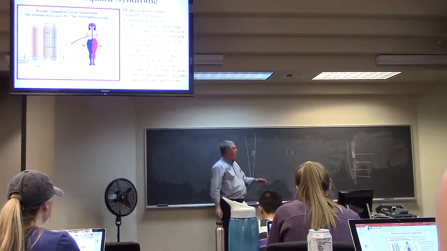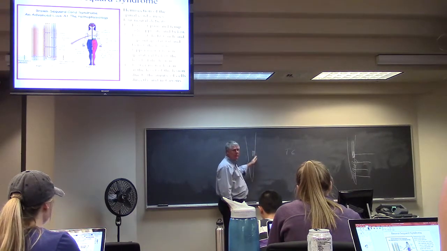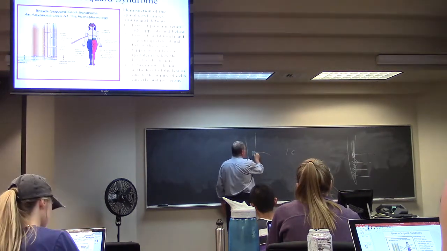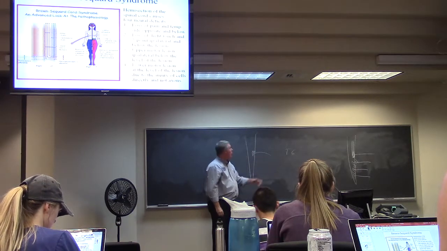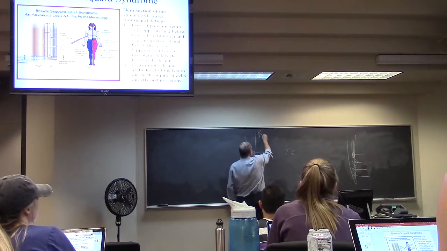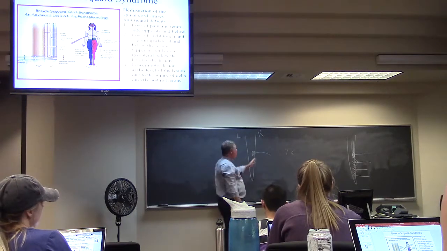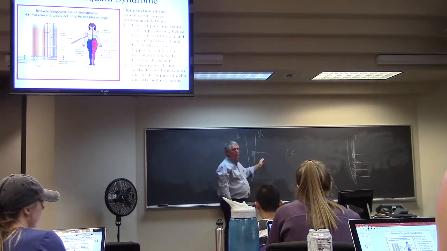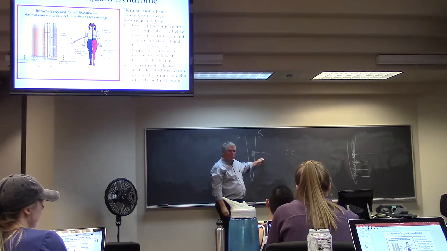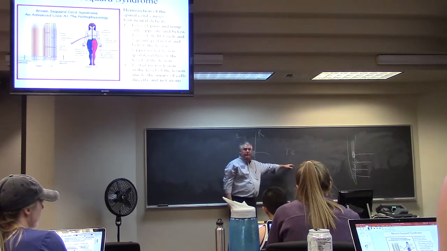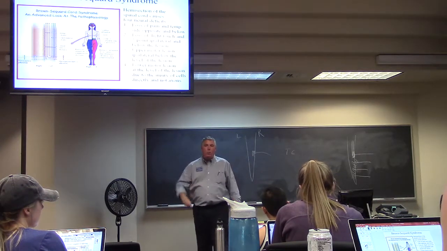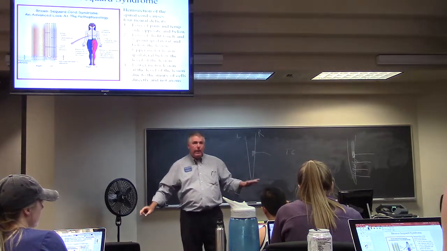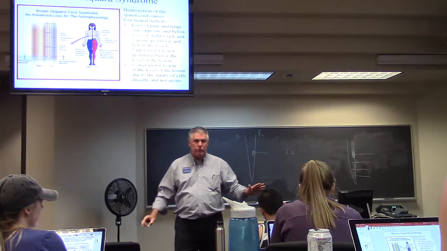At T6, you're going to wipe out all the dorsal root input. We'll say this is the right side, and that's the left side. So you're going to wipe out all the sensory input from the right side at T6. So T6 on the right will be anesthetic. You can't feel pain, you can't feel touch.